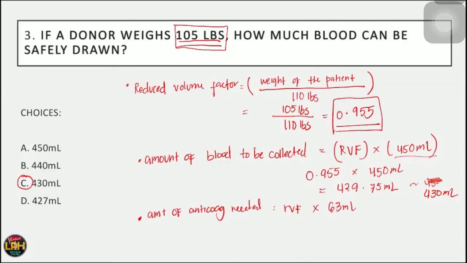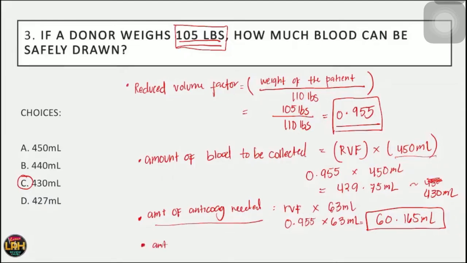If we have an RVF of 0.955, we just multiply it by 63 ml. So 0.955 times 63 ml is 60.165 ml. This would be the amount of anticoagulant needed.